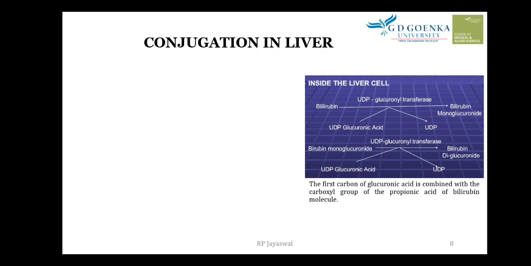The first carbon of glucuronic acid is combined with the carboxyl group of propionic acid of the bilirubin molecule. Propionic acid is a side chain in the bilirubin, and its carboxyl group usually binds with the first carbon of glucuronic acid. So this is what actually happens in the structural reaction.